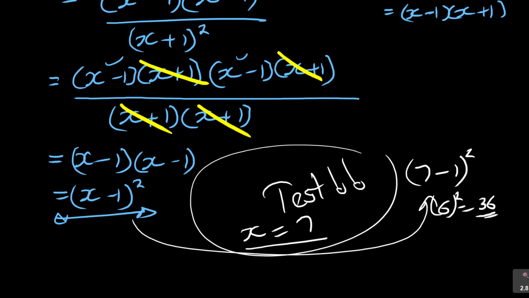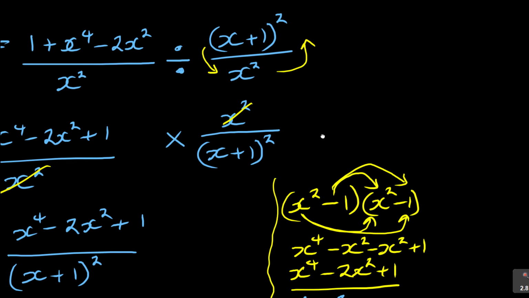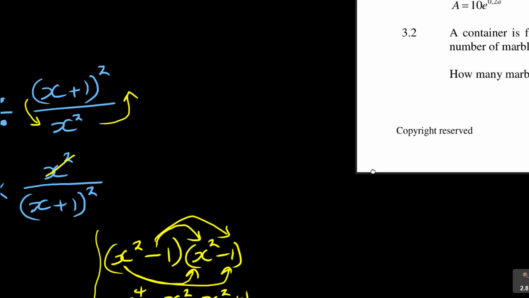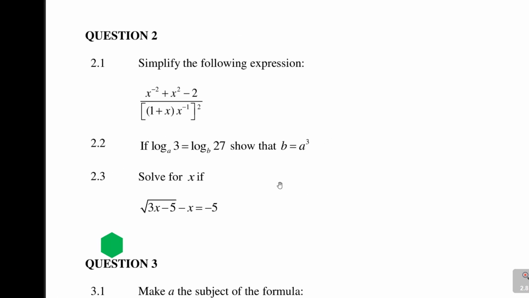Let's see if it will give us 36 in the original. Remember, x is what? X is 7. So let's take it to the original, and in the original, where there is x, we put 7 here. Say x is equal to 7. It must give us what? 36. So let's do that.